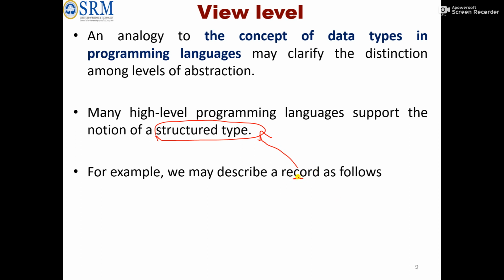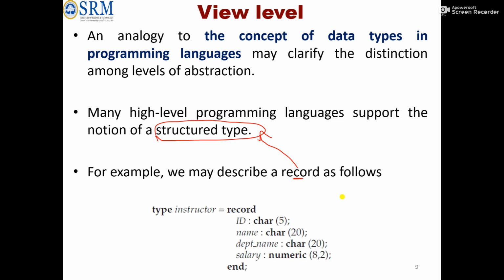This record has a record name and various attributes, or fields. This is a simple example. I am maintaining one record called an inspector. Every inspector is associated with many attributes.